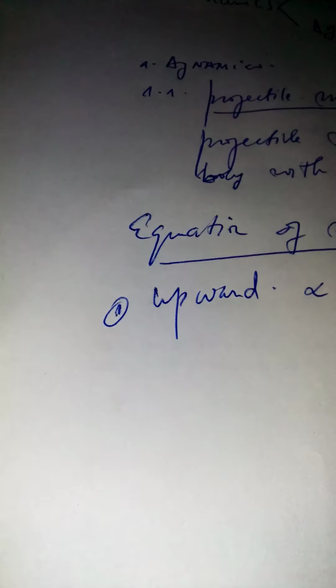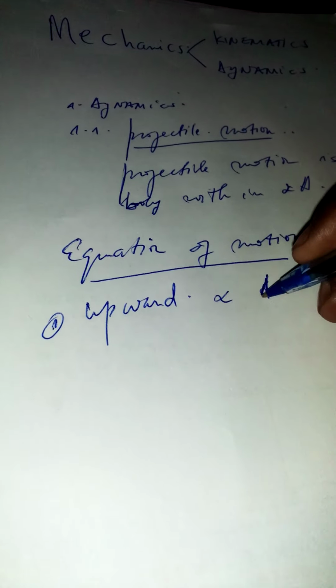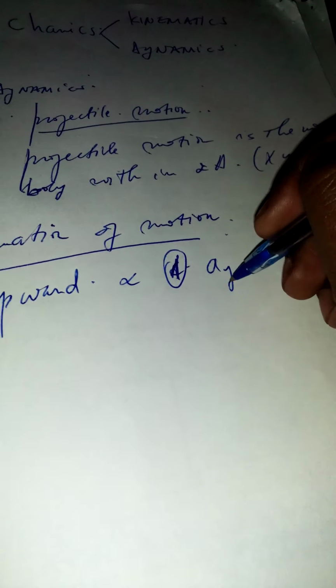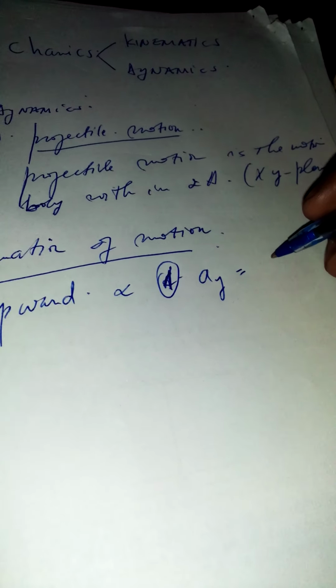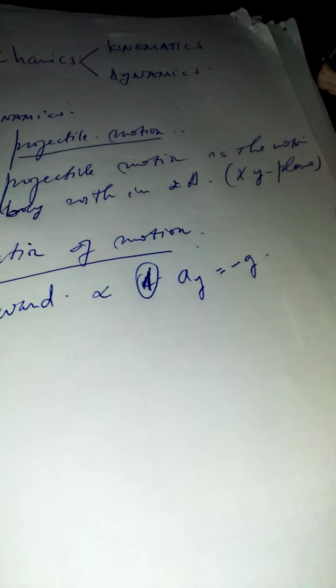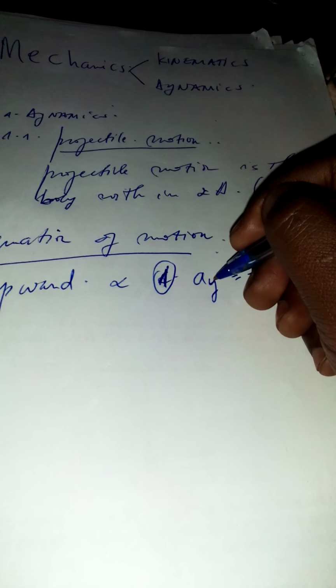Let us start with when the body is moving upward. The first parameter to consider is acceleration. It is ay, which is equal to minus g, and g is gravitational acceleration and it is constant.